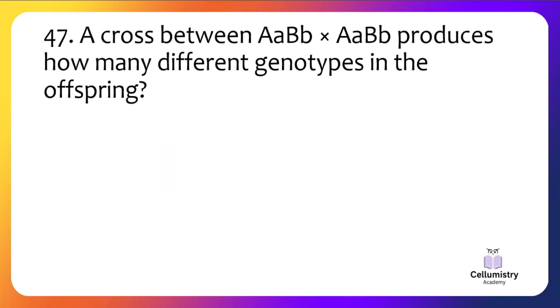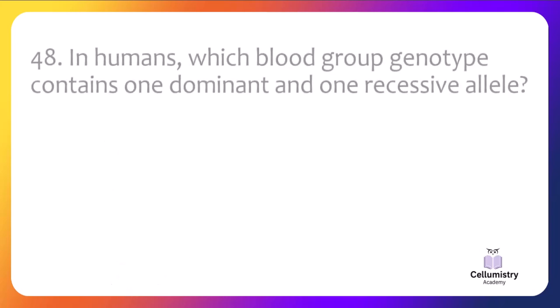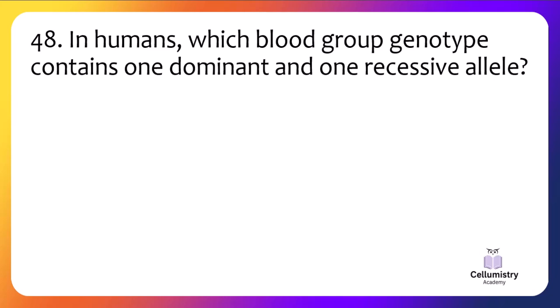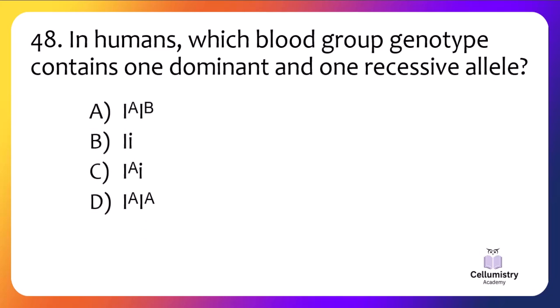A cross between capital A small a capital B small b with capital A small a capital B small b produces how many different genotypes in offspring? Answer is B, 9. In humans, which blood group genotype contains one dominant and one recessive allele?